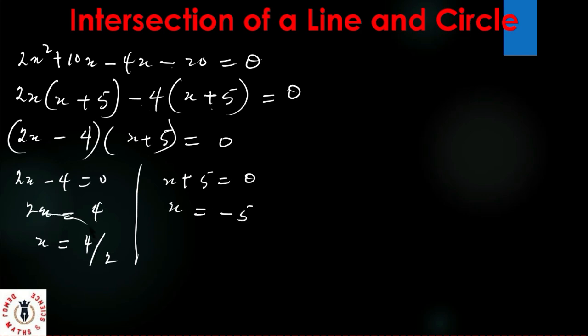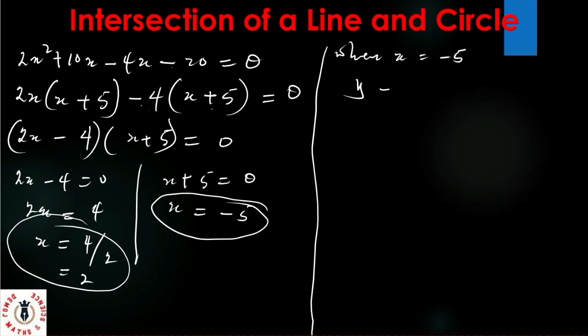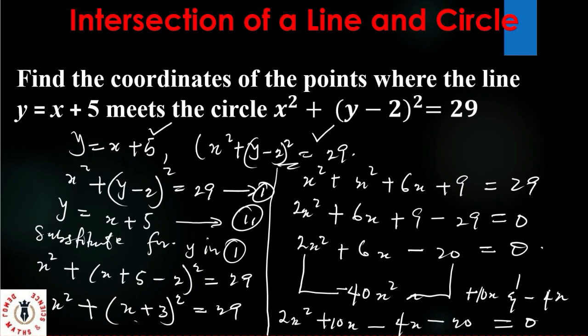So we have two values for x. We have x equals 4 over 2, which is the same thing as 2, and we have x equals minus 5. Now we can begin to get our y values for both points. When x equals minus 5, let's remember that our y was given as x plus 5 in equation 2.